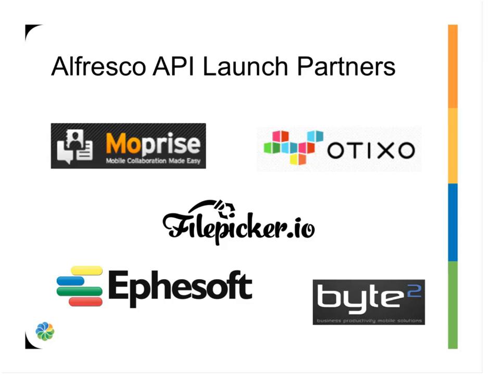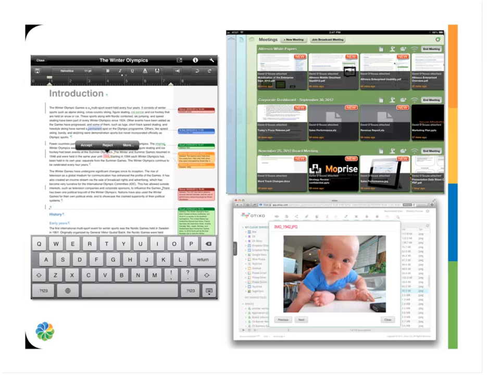This slide is just a list of the who of those launch partners, and then this slide shows some screen grabs of these apps to give people an idea of what they're doing. So you've got PDF Pin, which allows people to annotate PDFs that reside in their Alfresco in the cloud account.